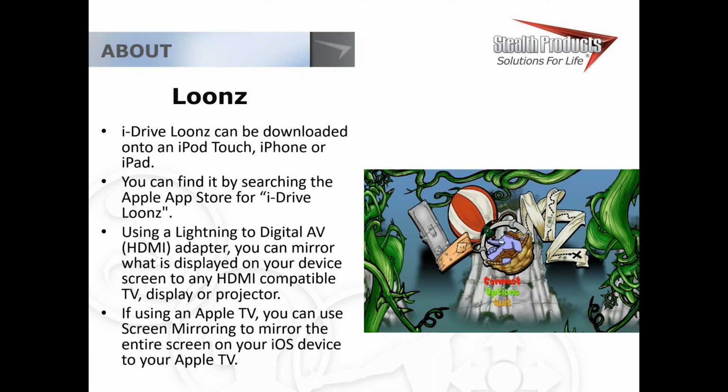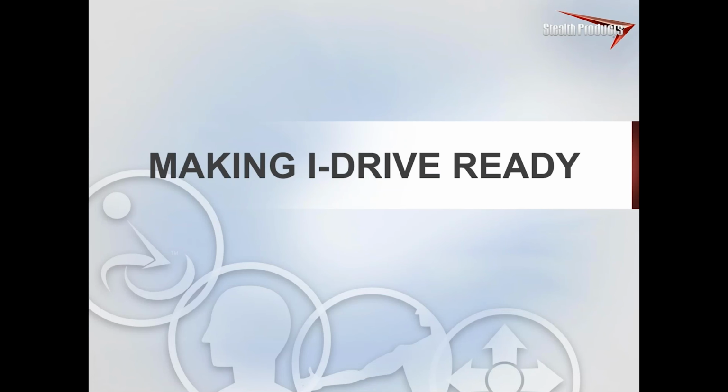So that's personally how I've been showing Loonz when I need to show it outside of just a small one-on-one kind of a session. Another good feature with Apple products is if you have Apple TV in that location that you're playing Loonz, you can always screen mirror, so it'll basically throw your phone screen up onto that TV and be a bigger visual for you. So there's a couple ideas to think of there.